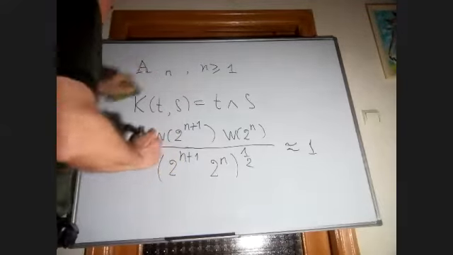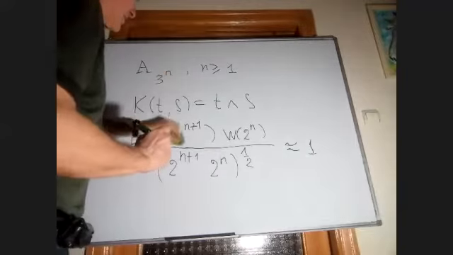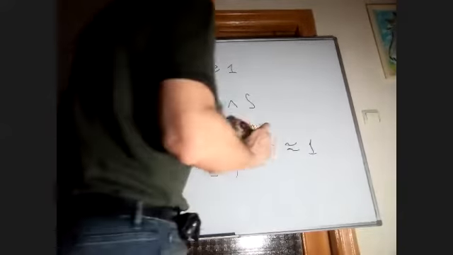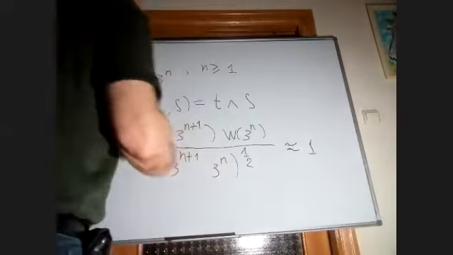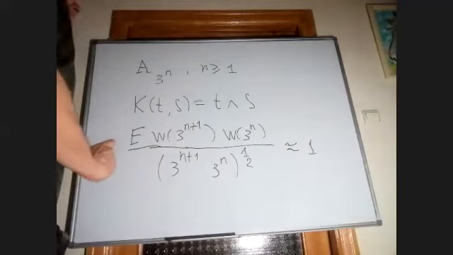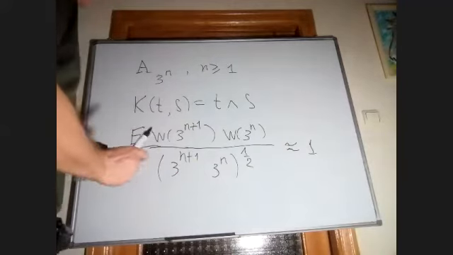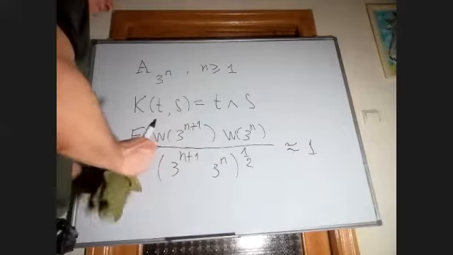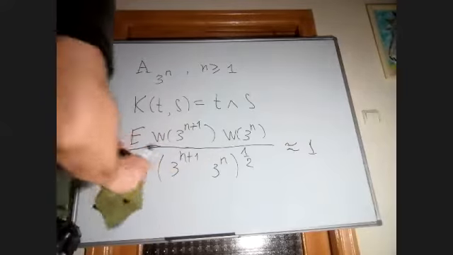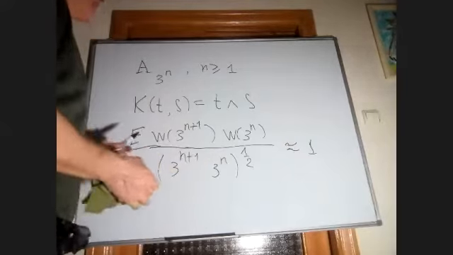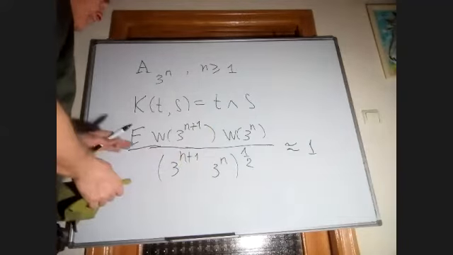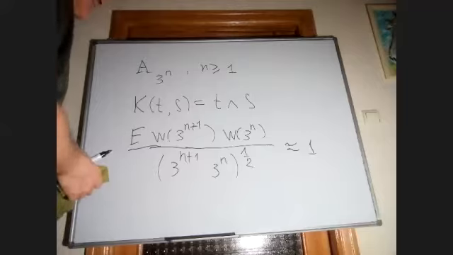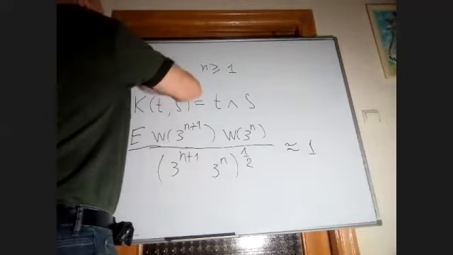Let it take 3^{n+1}, 3^n. Then okay, we also have 1. So I just want to obtain such subsequence in which the correlation will go to 0. So let's find it.